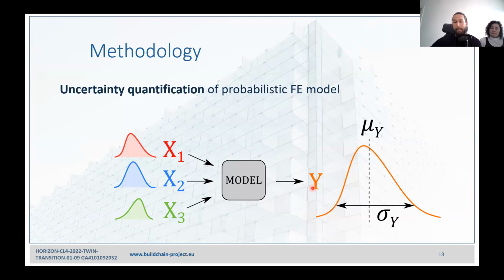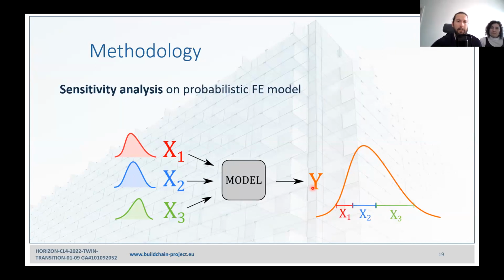But first, I'd like to speak about some other analysis that is possible, and this is sensitivity analysis. So we'd like to analyze how different input parameters contribute to the variance of an output. If we said that the variance is maybe too large, then we can analyze how different input parameters contribute.